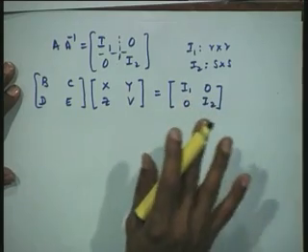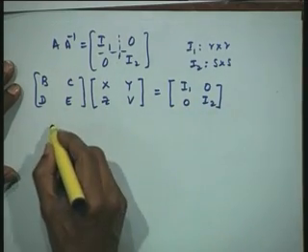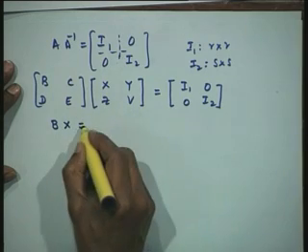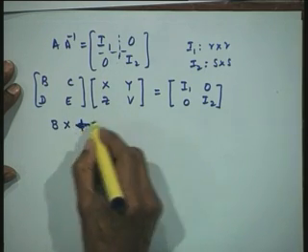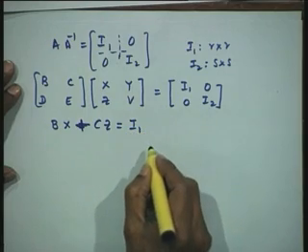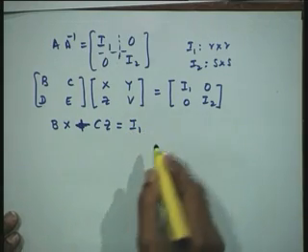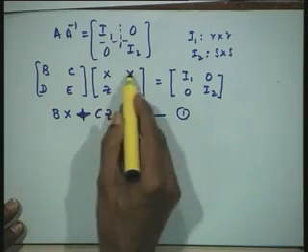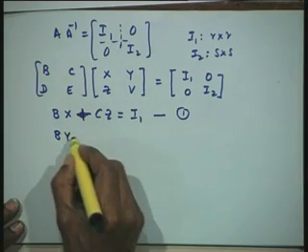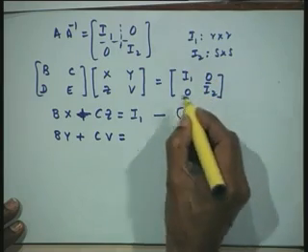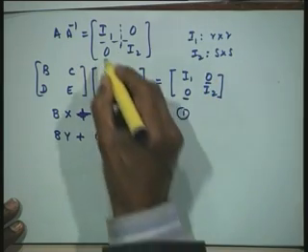Now let us just multiply out the two matrices, it is matrix multiplication. So I will have B into x plus C into z is I1. Let us number it 1. Then B into y plus C into v is null, these are all null matrices.